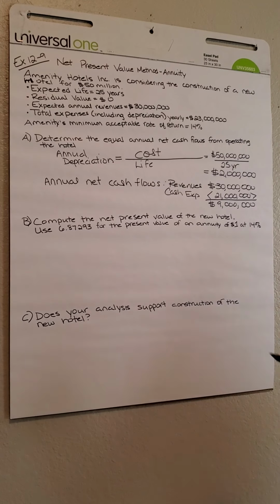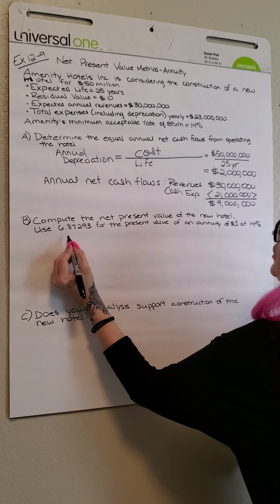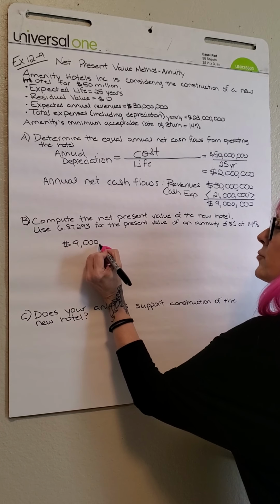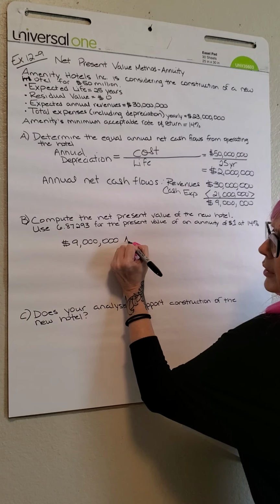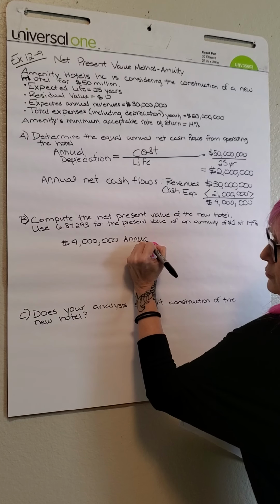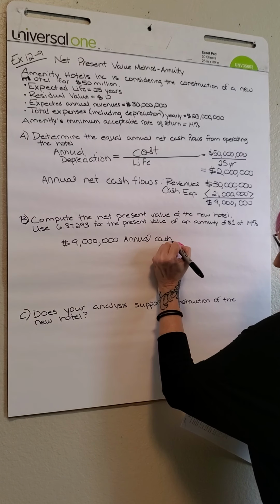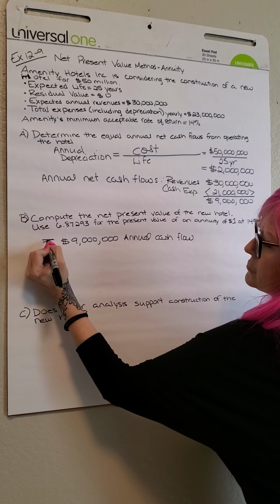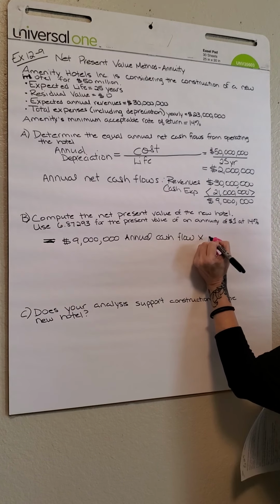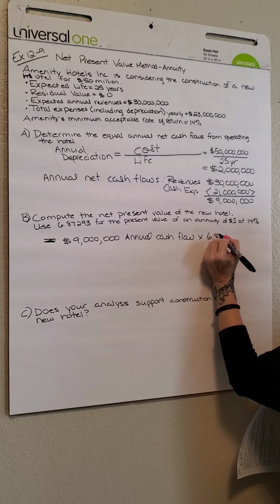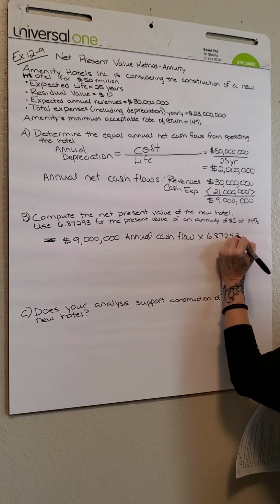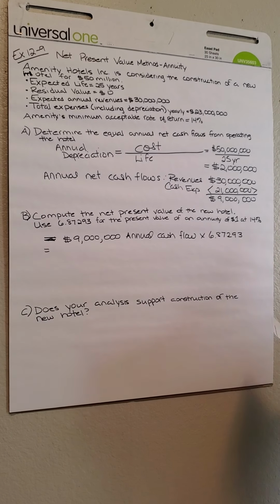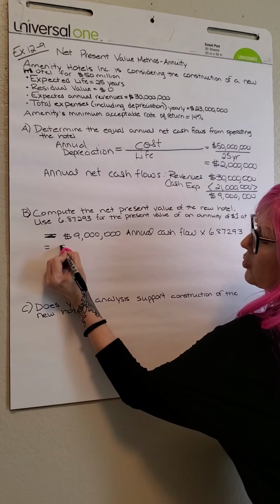So what we need to do is take the $9 million annual cash flow and multiply that by 6.87293, and that's going to give us a present value of $62 million rounded.